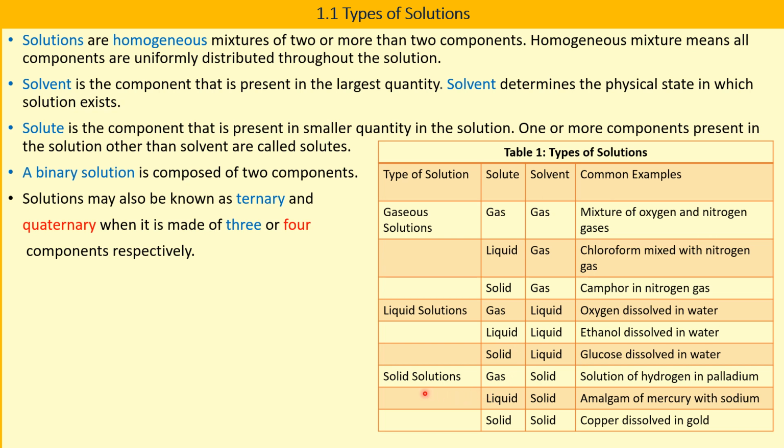The third type of solution is solid solutions, where solute is a gas and solvent is solid. So please note, in solid solutions, the gas is a solute and solvent is solid. Example of such a case is solution of hydrogen in palladium.